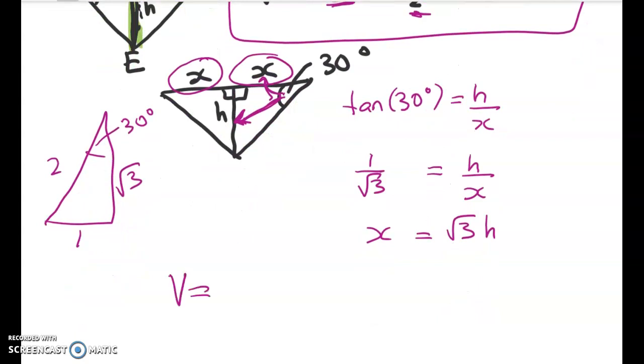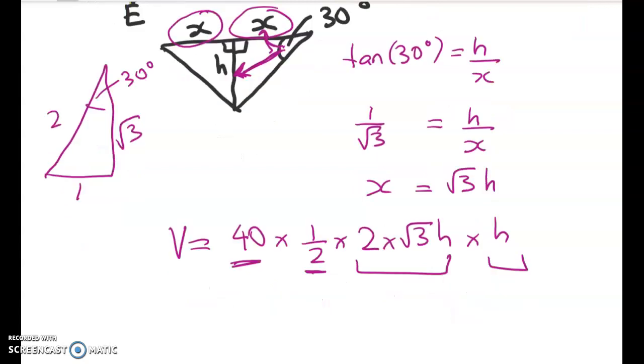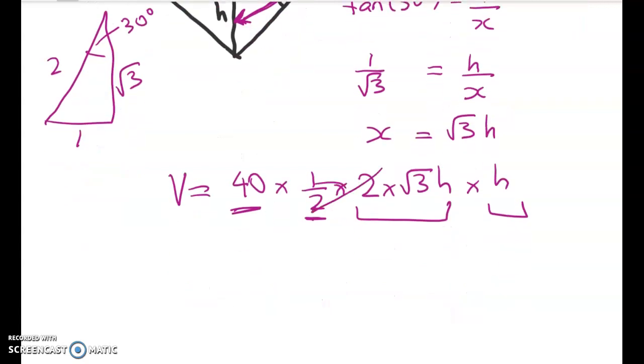So V is equal to 40 times a half times 2 times root 3h times the height, right? So it's the length times half the base times the height. Let's clean this up, and we get 40 root 3 h squared as required.